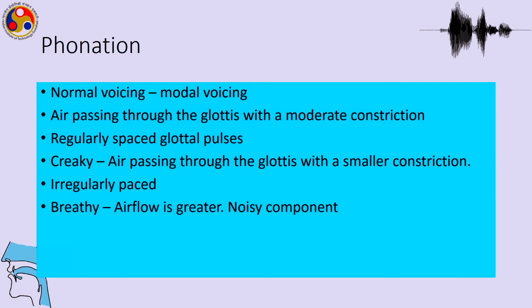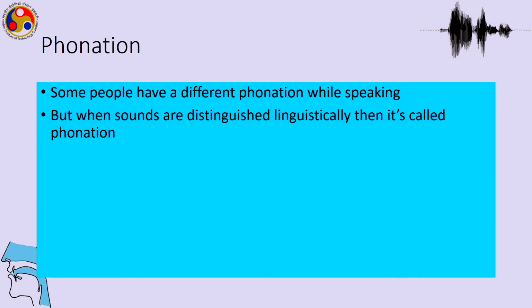In breathy sounds, airflow is greater and there is a noisier component in that sound. We will look at these differences in this lecture, and also look at how vowels can be different in languages of the world, and after that we will wrap up this unit on the sounds of the world's languages.